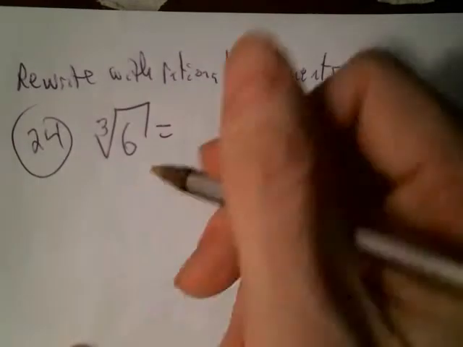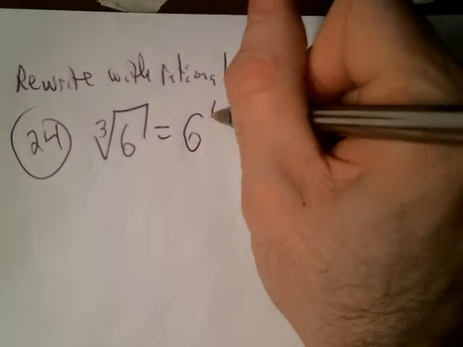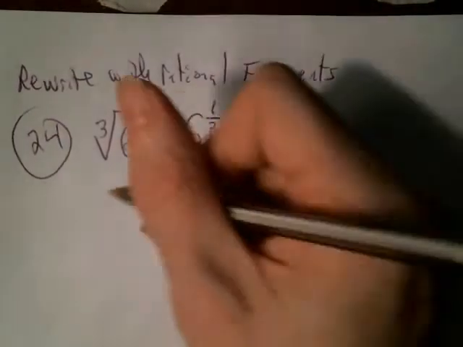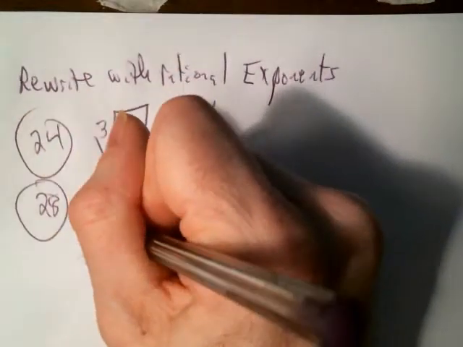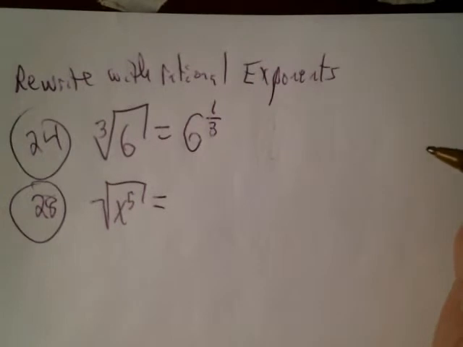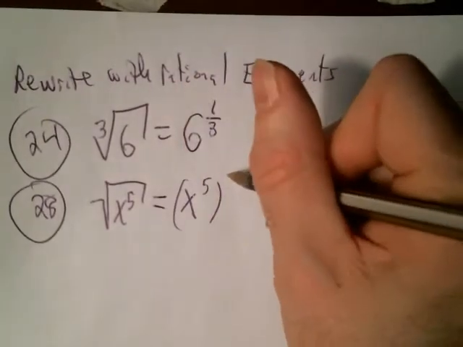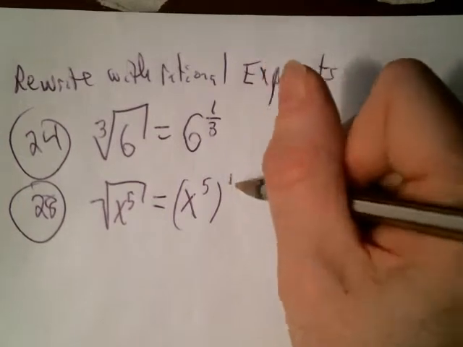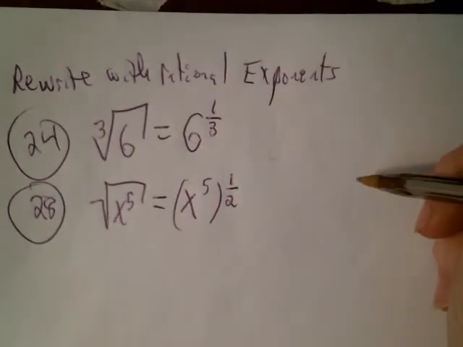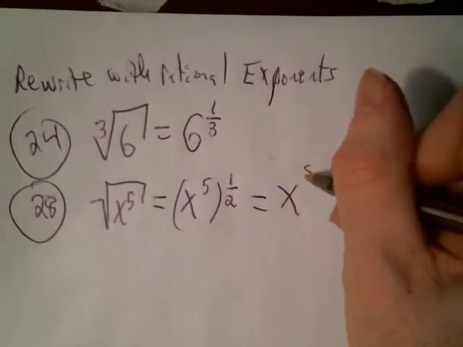So I'm kind of now going in the other direction. This will be 6 to the 1/3. So I get 28. I have the square root of x to the 5th. So I can rewrite that as x to the 5th to the 1/2. And then I can multiply out the exponents, and that would be x to the 5 halves.